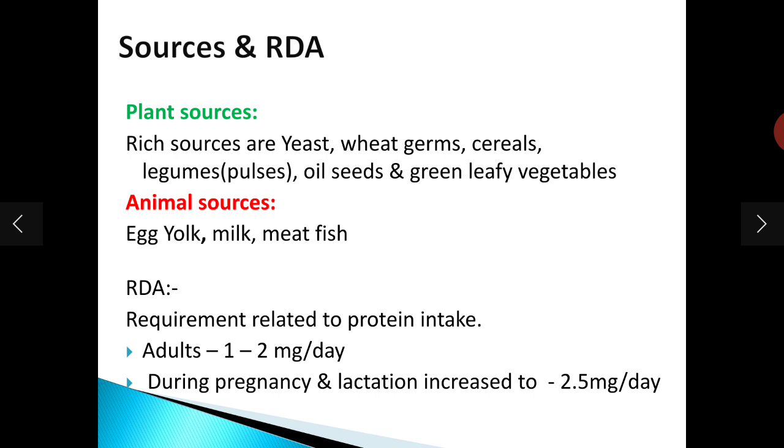Coming to the recommended dietary allowance, it is related to the protein intake and does not depend on the calorie intake. In adults it is 1 to 2 milligrams per day, and during pregnancy and lactation it may be increased to 2.5 milligrams per day.